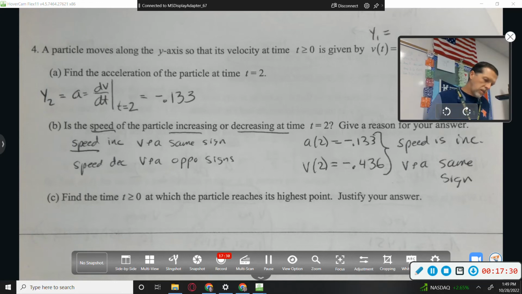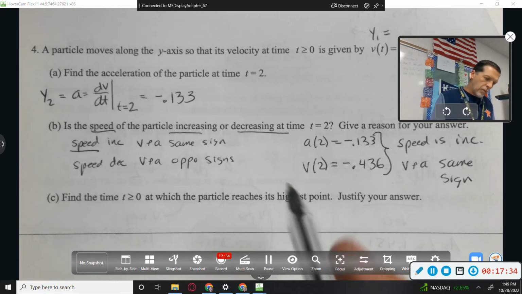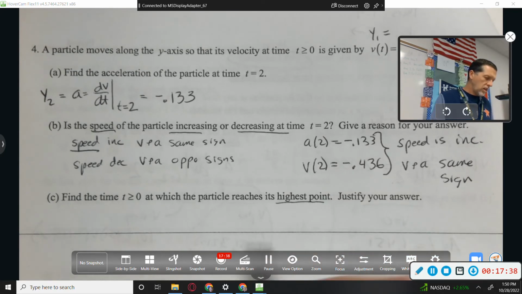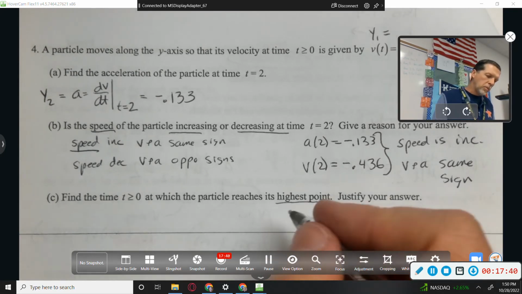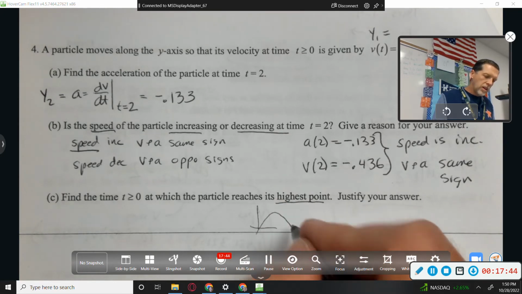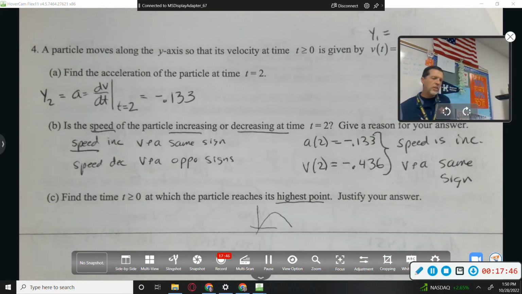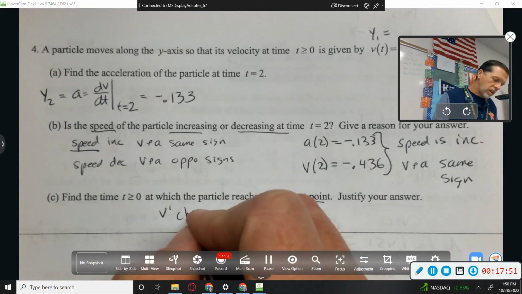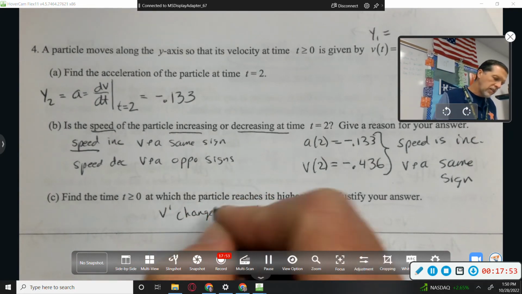Right, part C, find the time t greater than 0 at which the particle reaches its highest point. Its highest point would be, let's see, that would be where V prime changes from positive to negative.